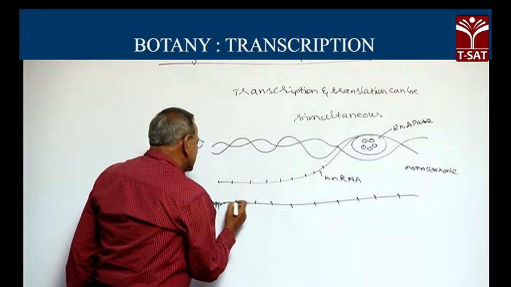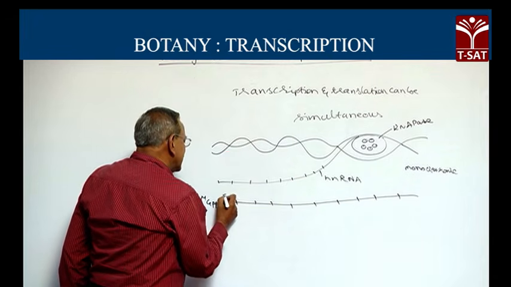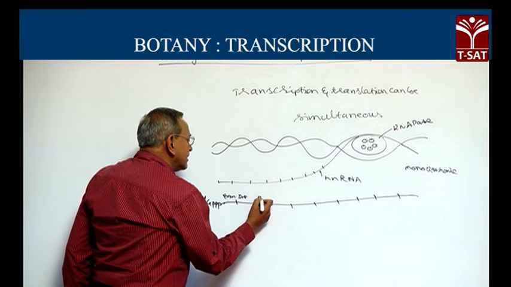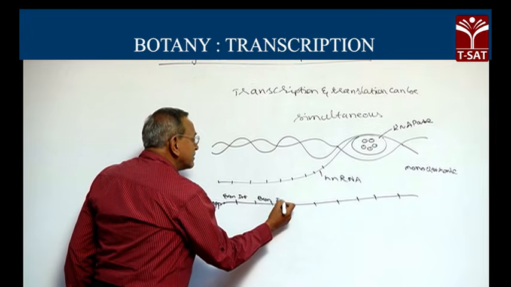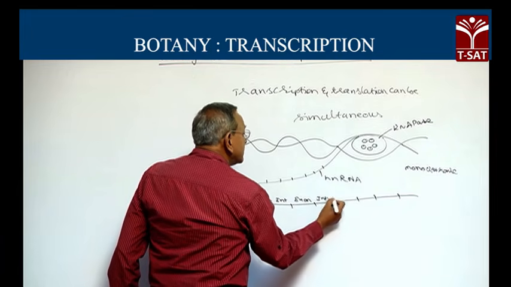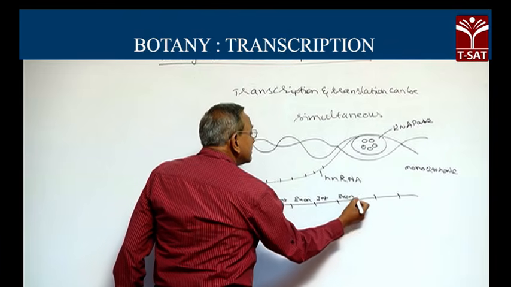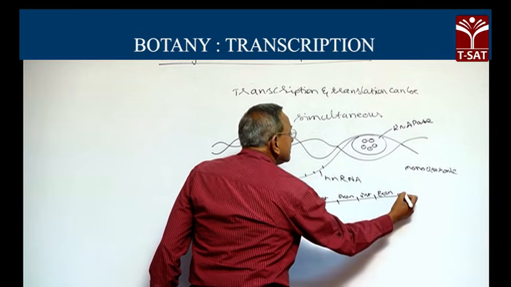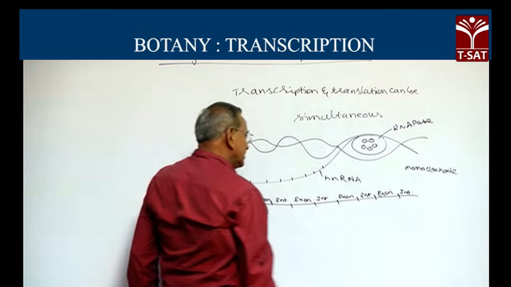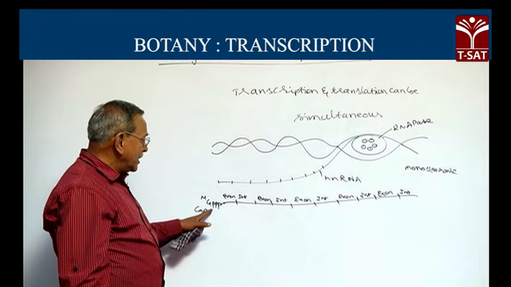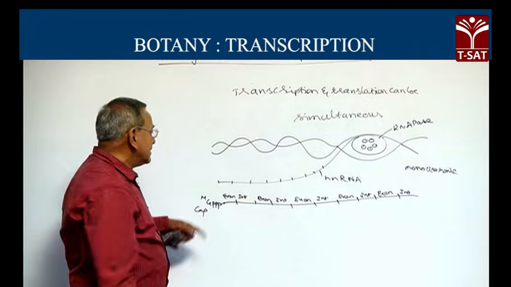Let me write this as exon, intron, exon, intron, exon, intron, exon, intron, exon. So a methylated guanine cap is added at 5 end.